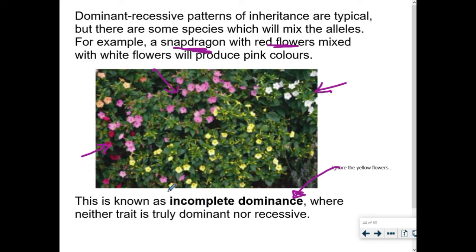So the word we use for that is called incomplete dominance, where neither trait is really dominant nor recessive, and you can actually mix colors, right? And doesn't that make total logical sense? If you have red and you have white and you blend the two together, wouldn't pink be kind of logical sometimes too? So the stuff I just showed you is only applicable in cases where, this is the word we'd use, dominant recessive patterns.